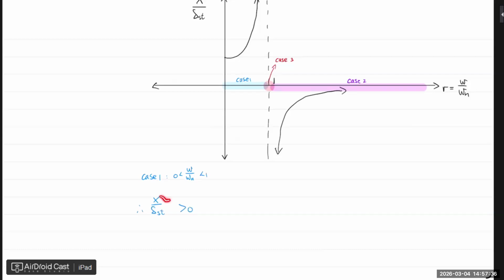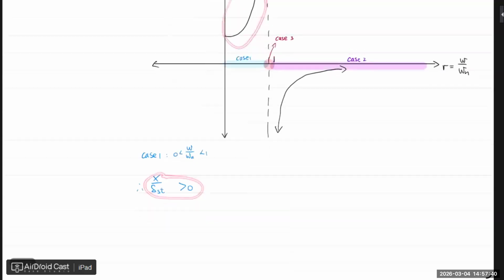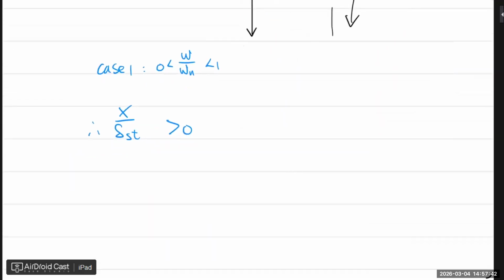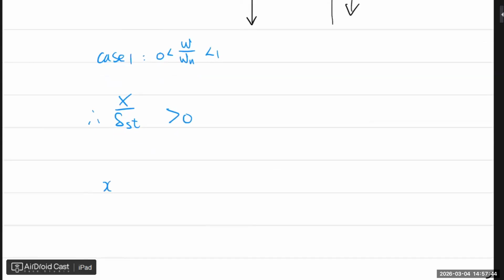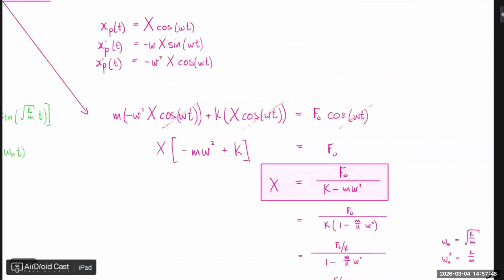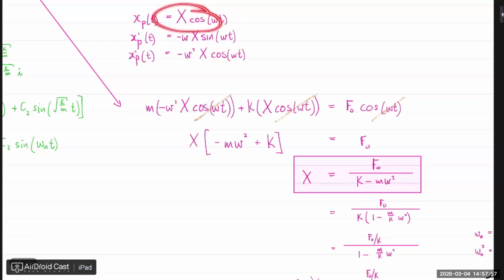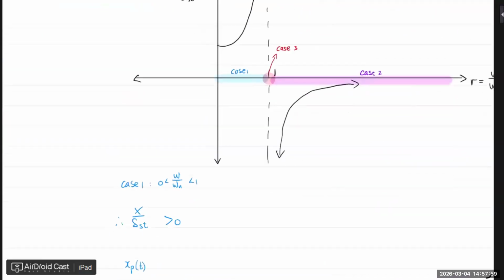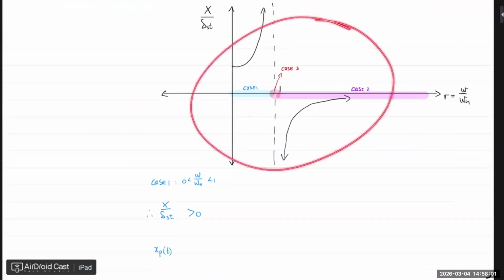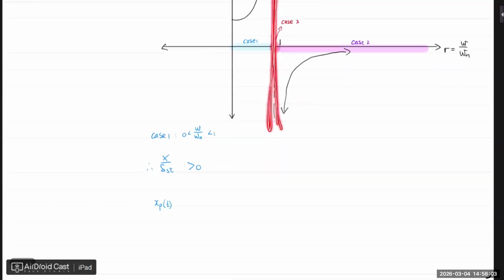And we can see that displacement is obviously positive. Now, if it's positive, it means that my particular solution, remember, we technically guessed this value, just like in differential equations. It works out nicely, but we're going to look at what we should do, especially when it comes to that part.